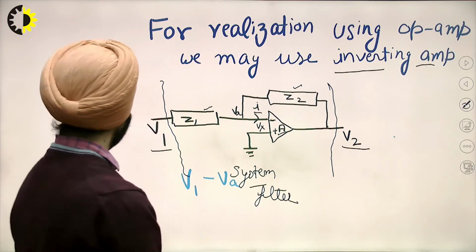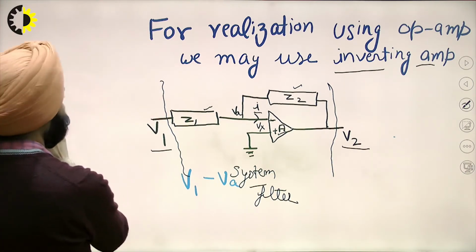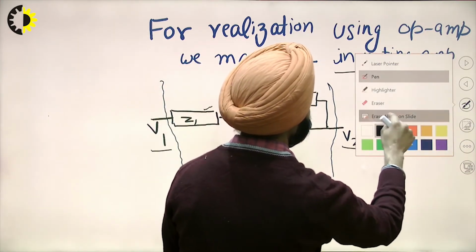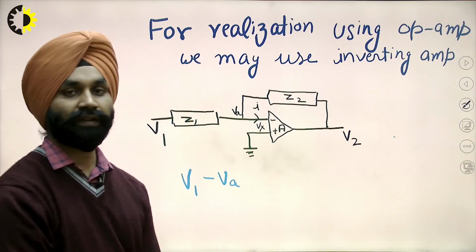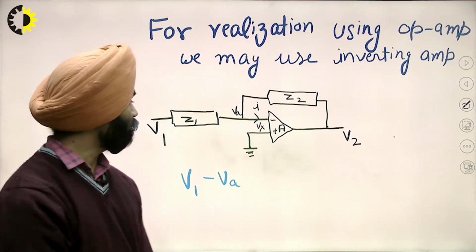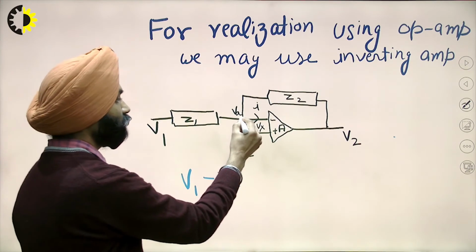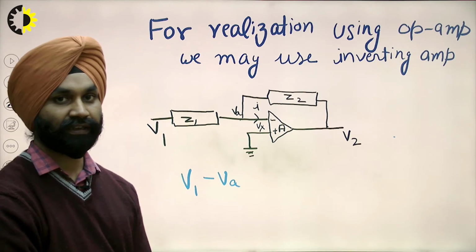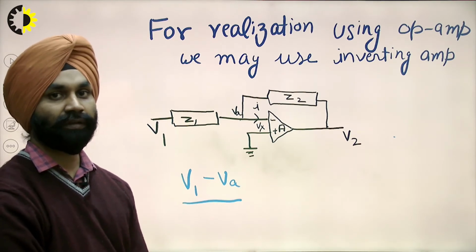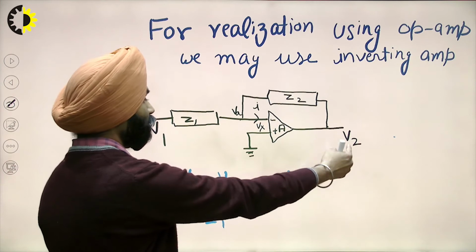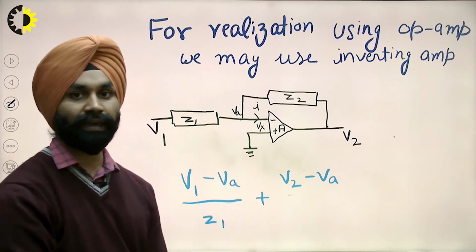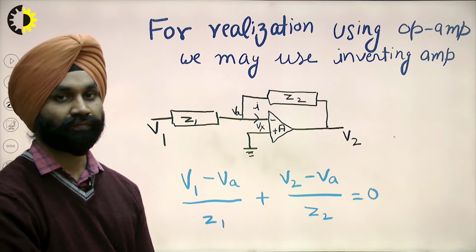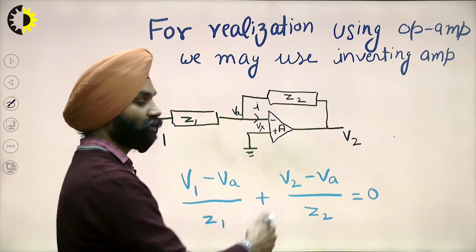Now, for this one, let's suppose we have the inverting amplifier. So, if we see (V1 minus VA), let's suppose VA is the voltage over here, divided by Z1, minus (V2 minus VA) by Z2, will be equal to 0, which is just an equation of the whole circuit.